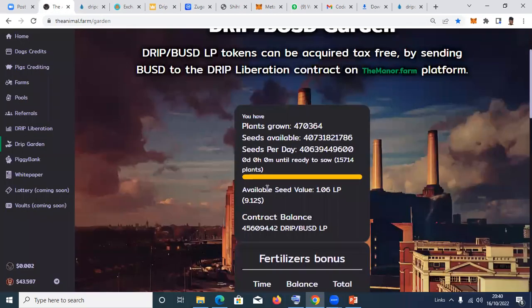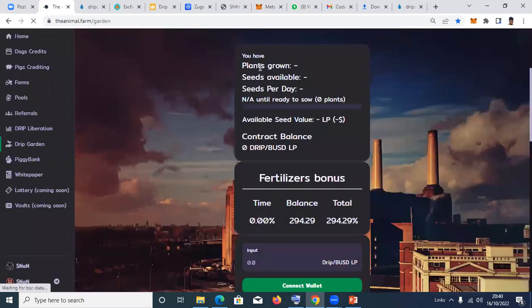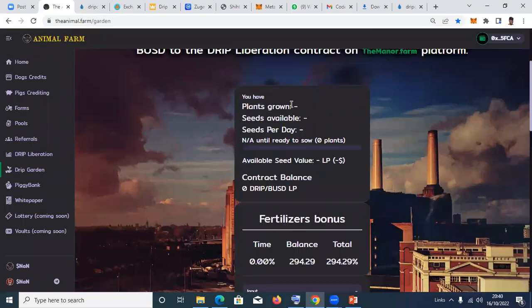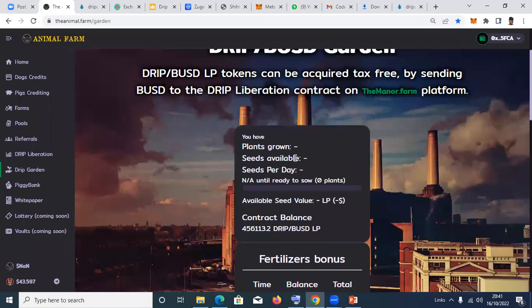For instance, I have $9.12 here that I've accumulated already, and if I want to increase my plants grown, so that my liquidity will keep on compounding and earn more money, all I just need to do is come down below.